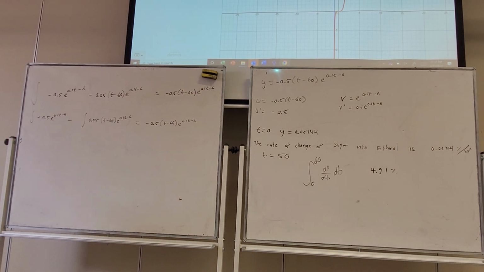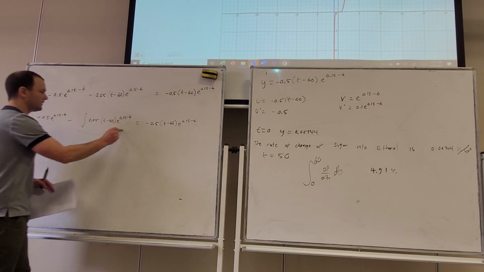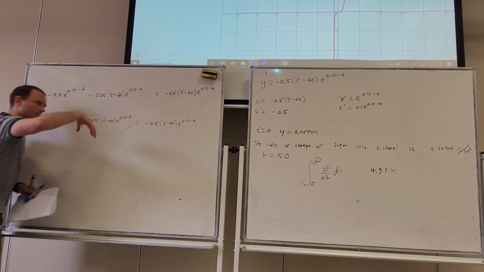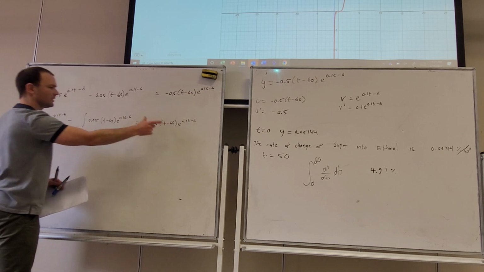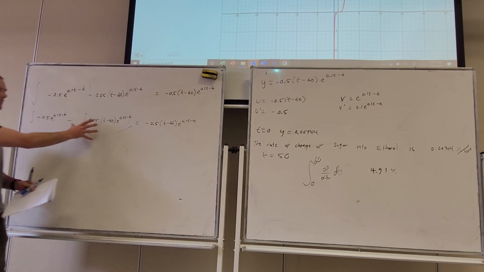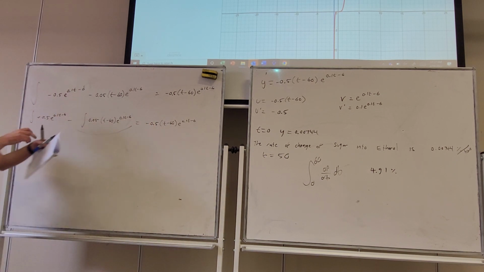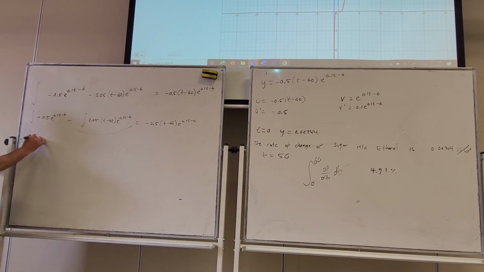So we want this component of it, that's why I pulled that off, and so we're going to isolate that. I'm going to shove this component over here and move this one over here, so I'm going to swap both of those. When I swap them, because they're both negative, they're both going to become positive. That's all I'm going to do in the next step.